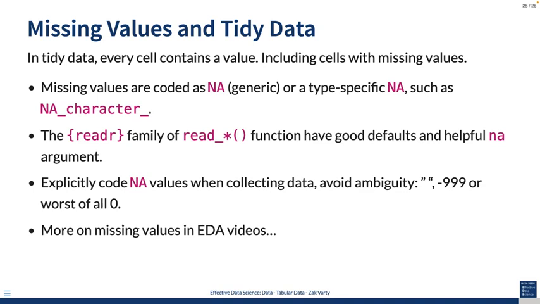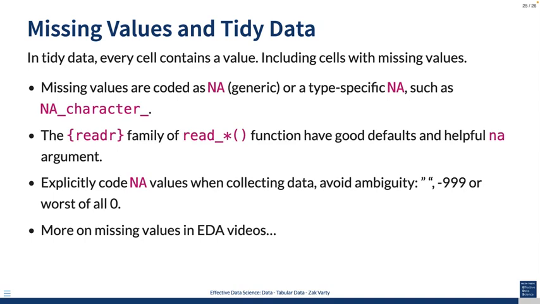This might either be the generic NA that isn't type specific, or a specific version of that, such as NA_character_, to say that you know that something's missing here, but the thing that is missing is a string. This might equivalently be an NA integer or an NA double or some other data format.